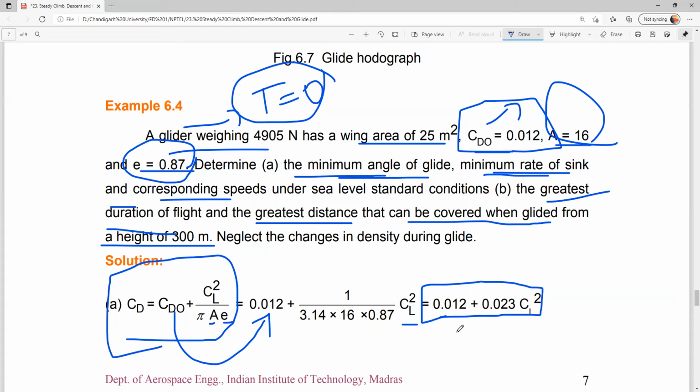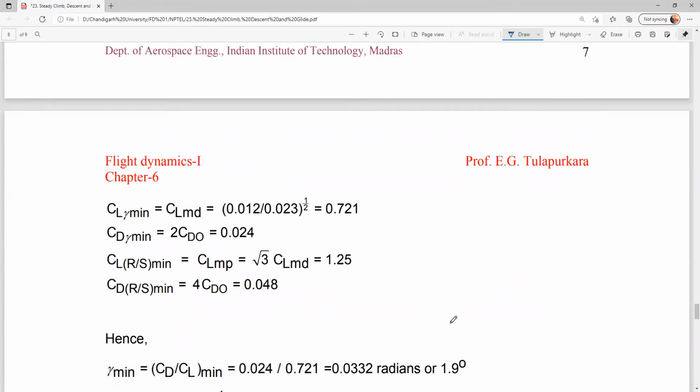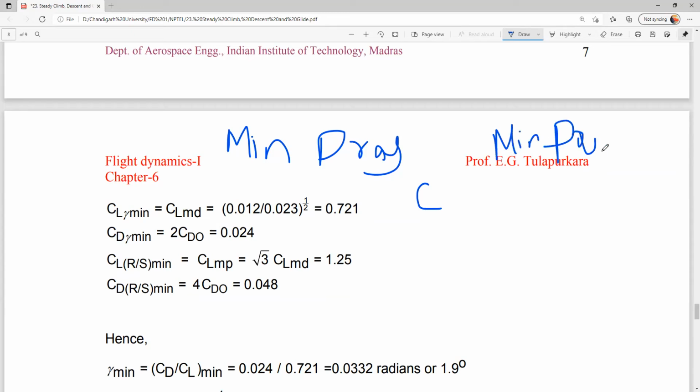So now we are going to apply the concept of cruise and glide. While teaching the cruise level, I mentioned a few factors, right? The first one is minimum drag, and another one is minimum power. I told you that if the pilot chooses either of these conditions and flies with it, he will have an advantage.